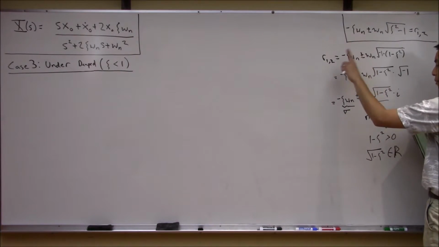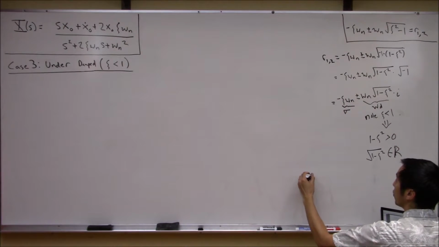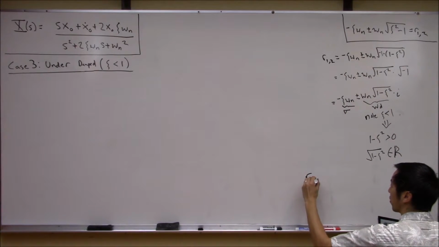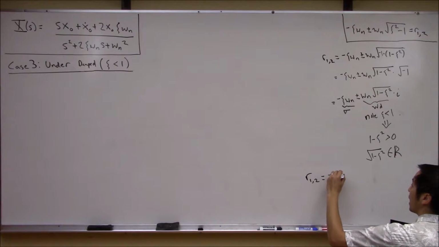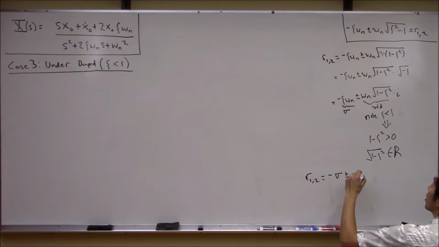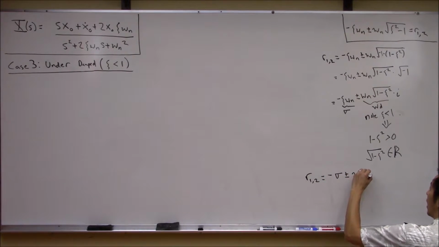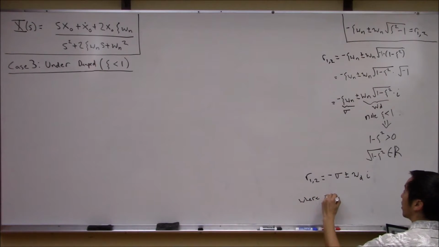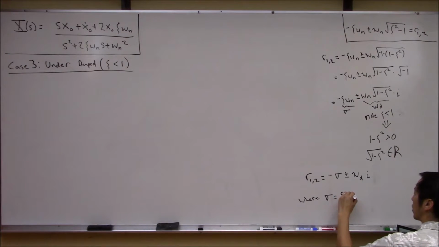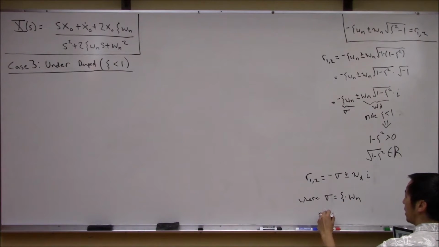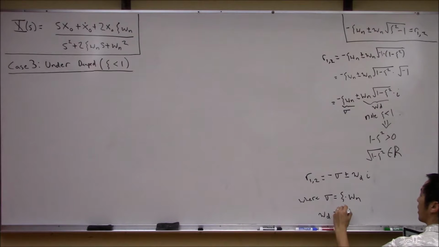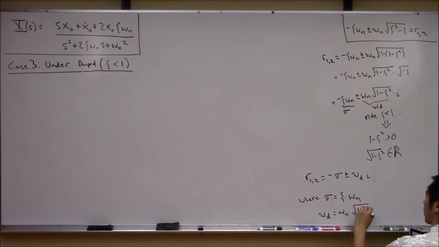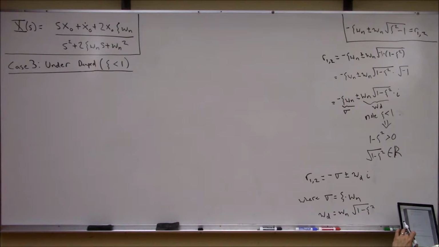So what I'm getting at here is you could write the roots in this particular case as negative sigma plus or minus omega d i, where sigma is going to be the product of the damping ratio times the natural frequency, and omega d is going to be omega n times the square root of 1 minus zeta squared. We're going to come back to this in a second. I just wanted to point this out.